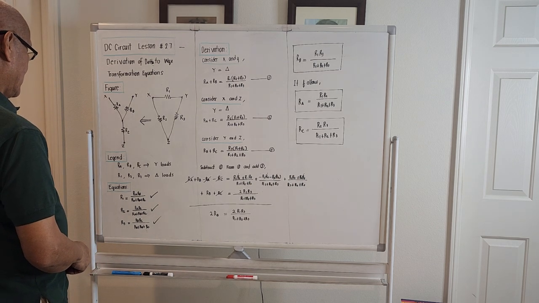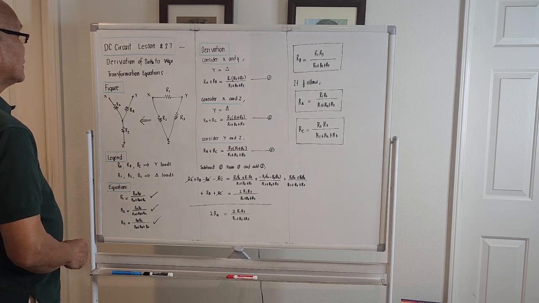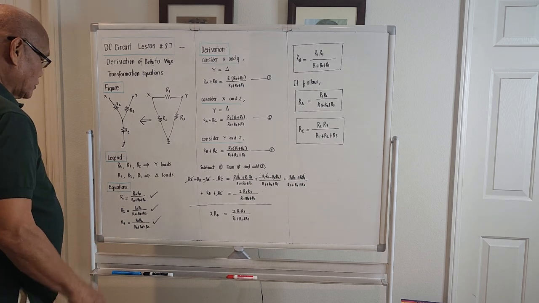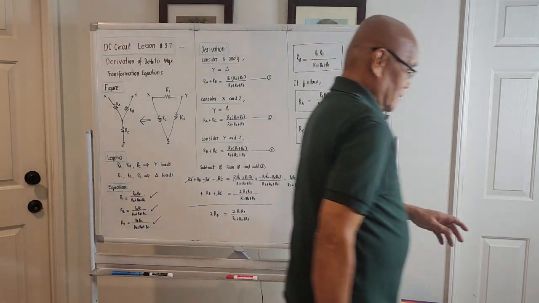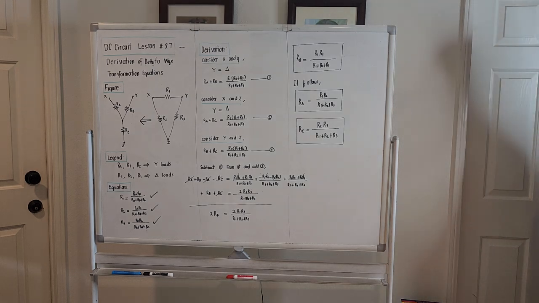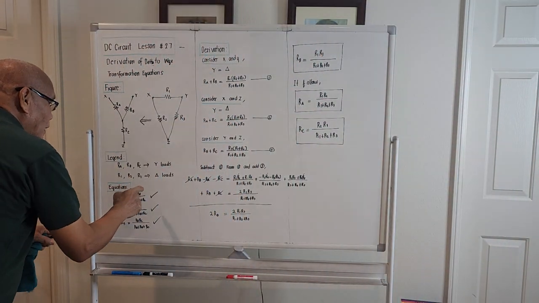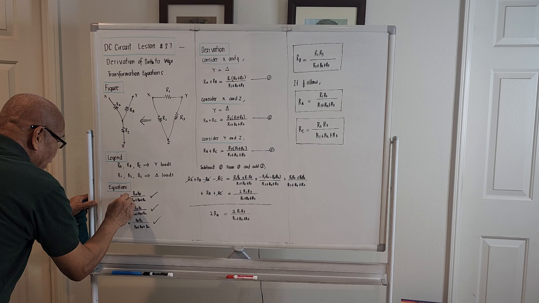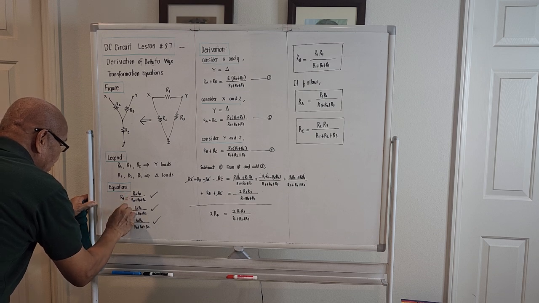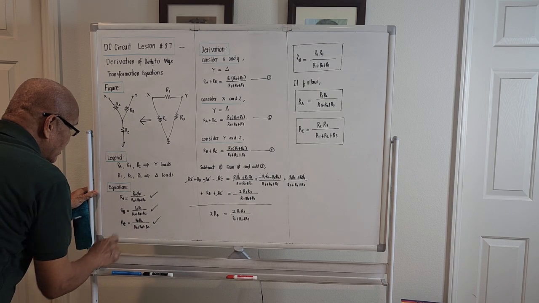Hold on, excuse me. I haven't changed the formulas. This should be RA, this should be RB, and this should be RC.